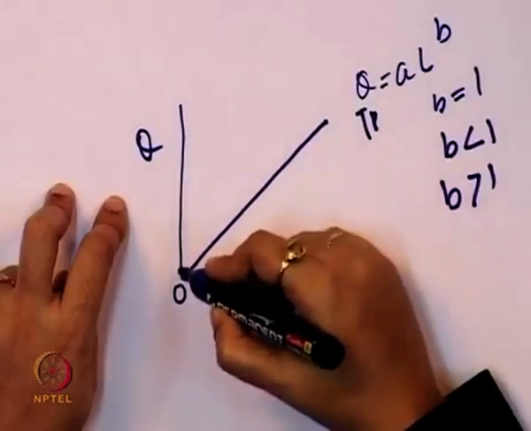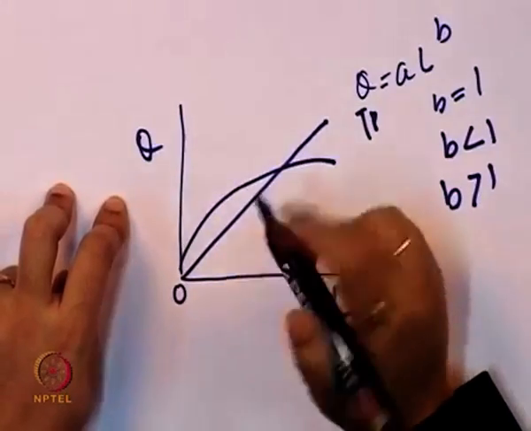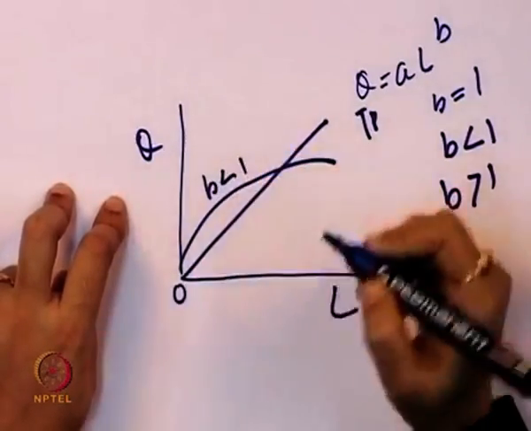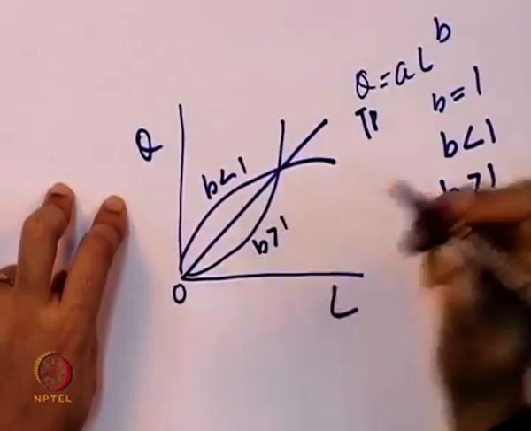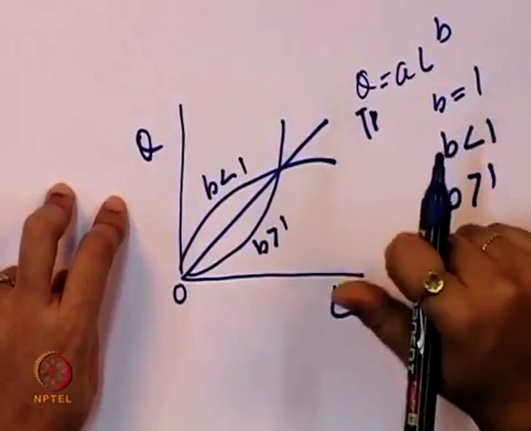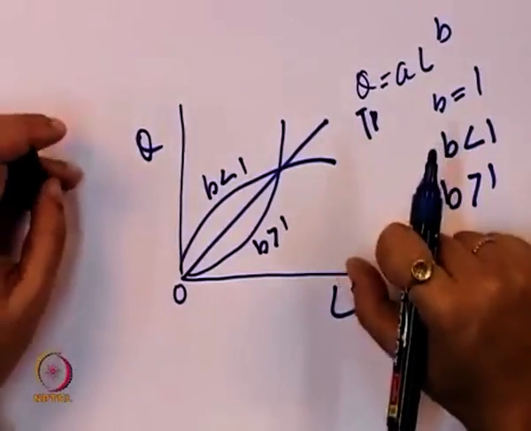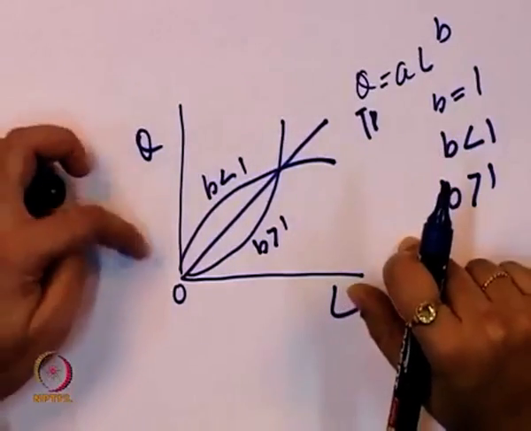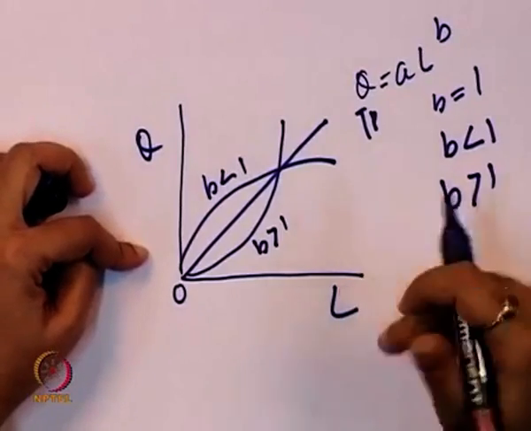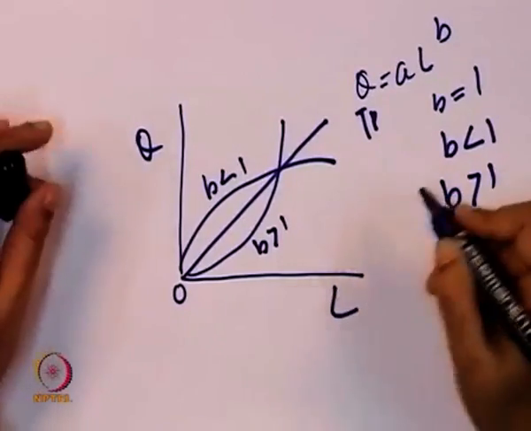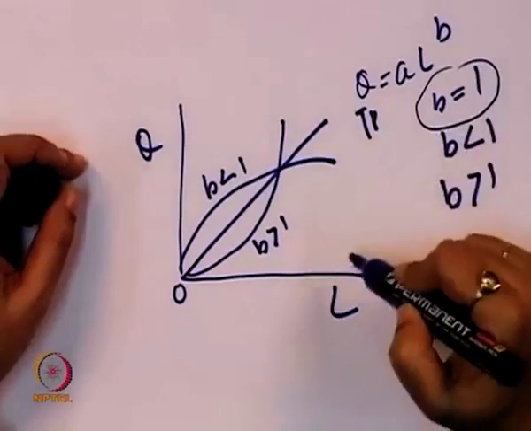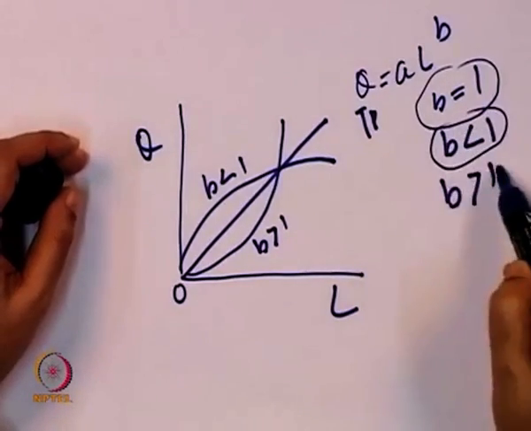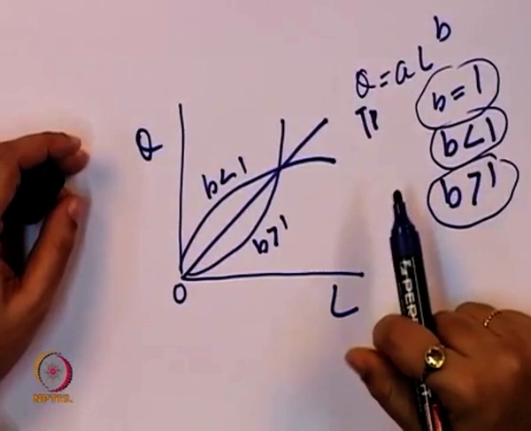When B is less than 1, we get this kind of shape, and when B is greater than 1, we get this type of shape. So if you take a power function in the case of a polynomial function, the power B can take any value, sometimes it is 1, sometimes less than 1, and sometimes greater than 1.